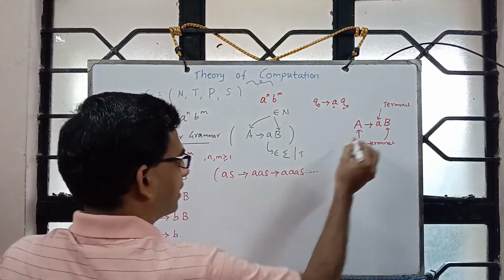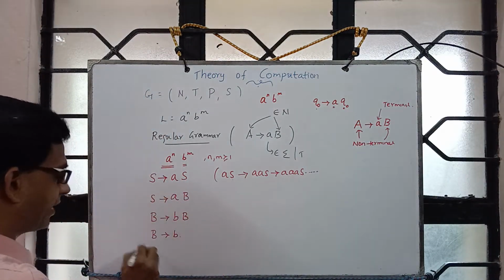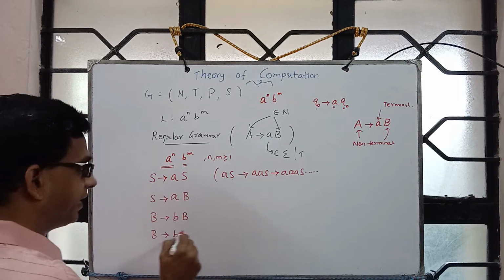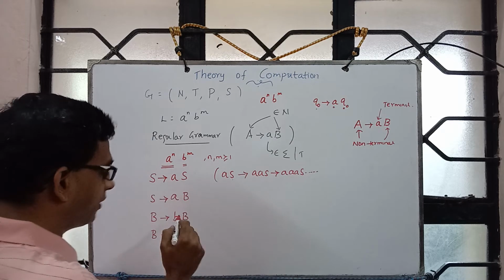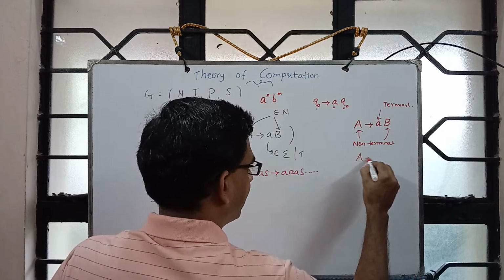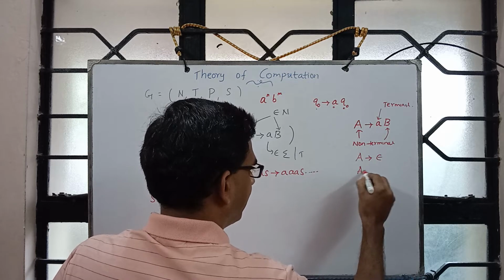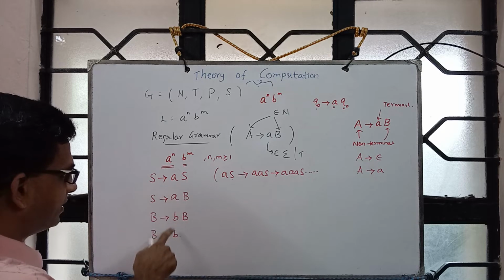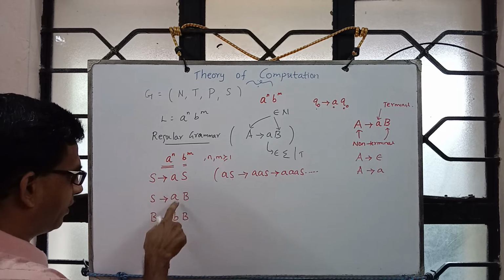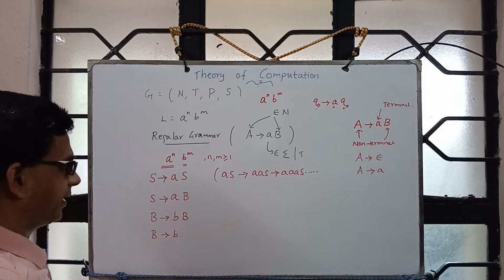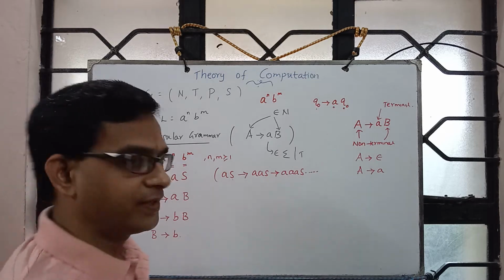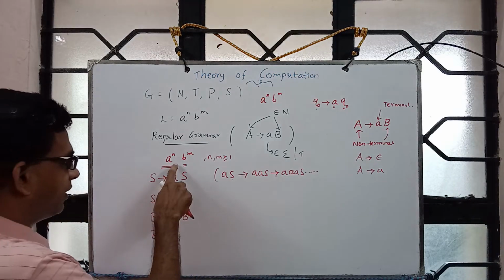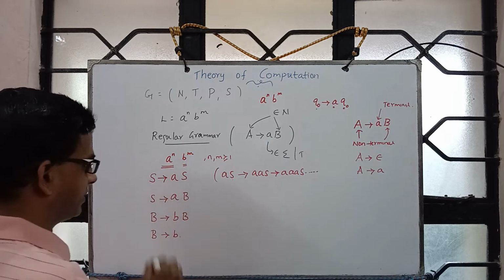Our rule says the left side must be exactly one non-terminal. The right side is a terminal, or a terminal followed by a non-terminal. Even A implies epsilon is allowed. A implies just a terminal is allowed. So for all of them, it is a terminal followed by a non-terminal, or just a terminal. Now the interesting part here is any string of this form is generated by this.